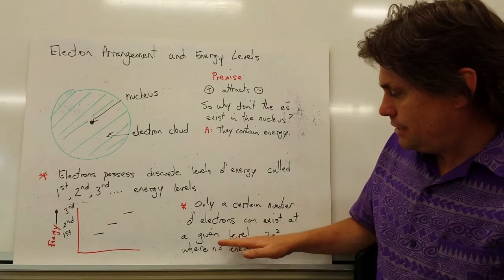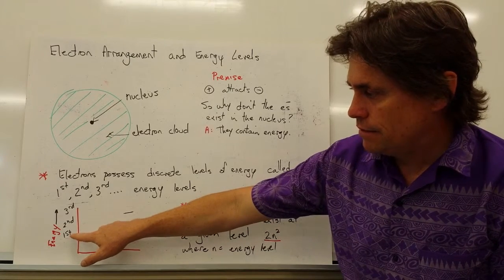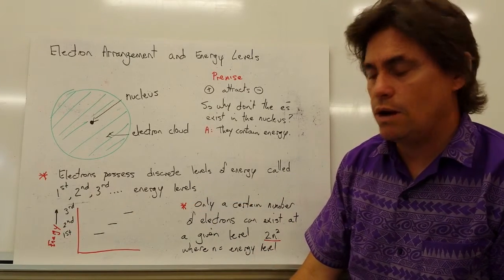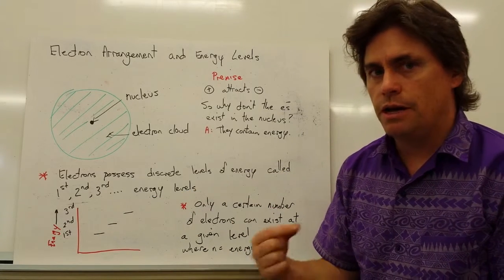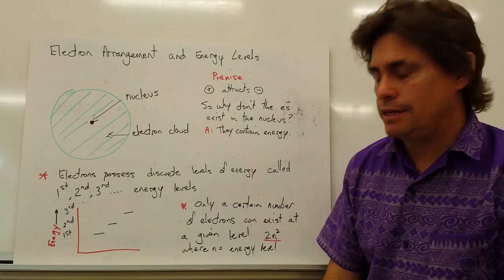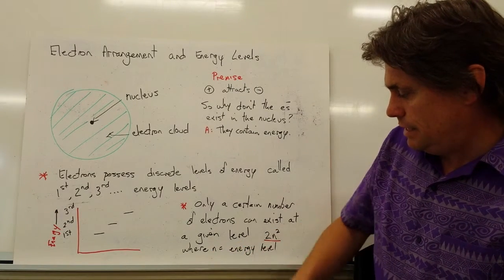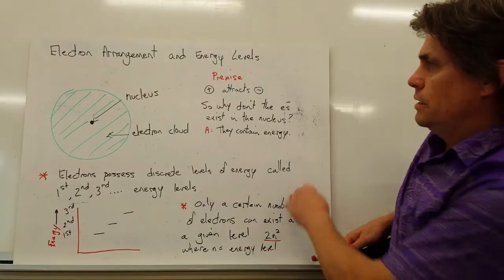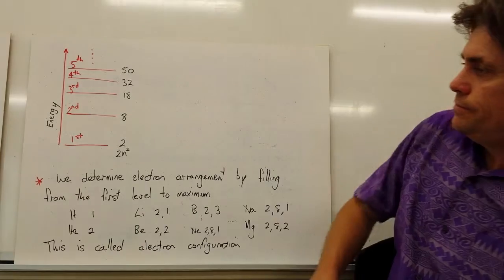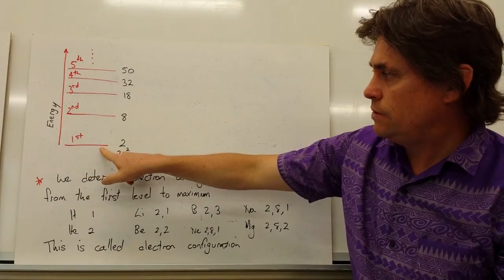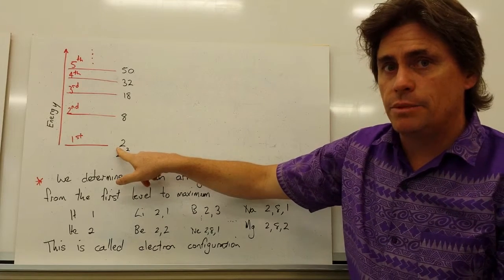So we assign each level the term n. The first level has n equal to 1, 2 for the second level, 3 for the third, and we define the number of electrons that can fit within each level as 2n squared, where n is the energy level. So let's have a look at how many electrons can fit in each level. For our first energy level, 2n squared, where n equals 1, we can fit a maximum of 2 electrons.